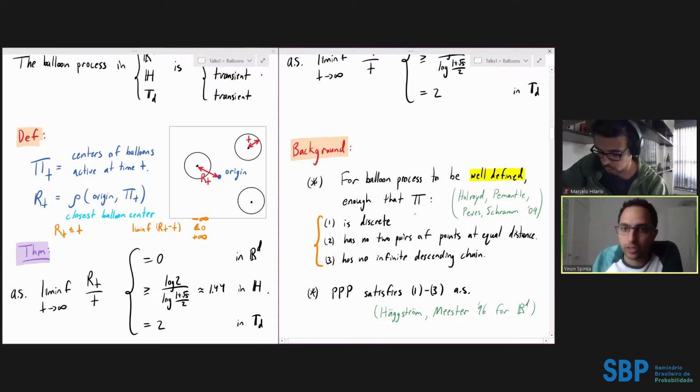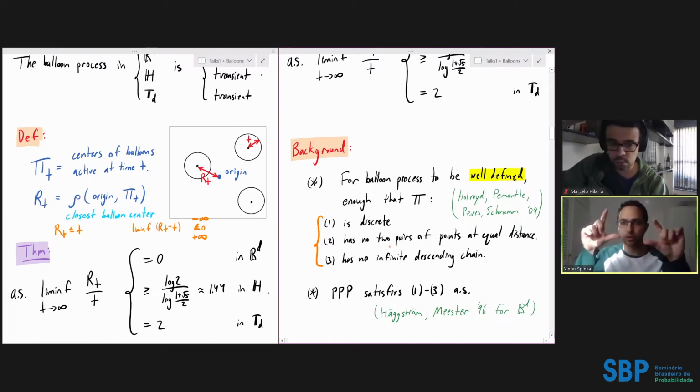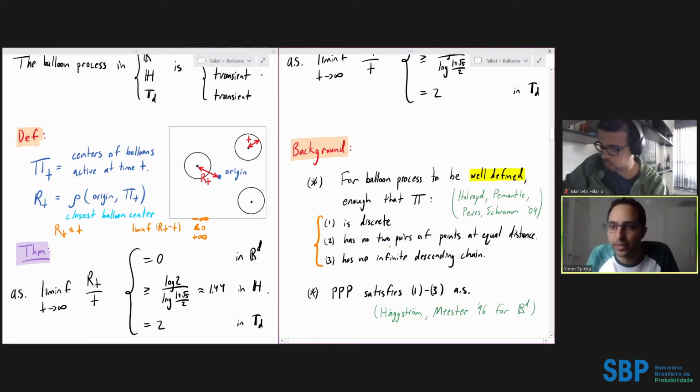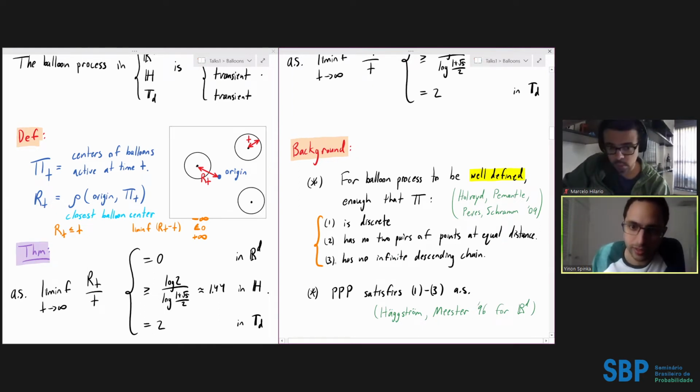So the initial point process is discrete. There are no 2 pairs of points which are equal distance. Okay, and you can imagine why that's important. If you have 2 points and 2 other points at equal distance, maybe one of those points is a shared point. And as the balloons grow, we're going to have this simultaneous collision, and then we have to break ties somehow. So in order not to be in that situation, we want this assumption.